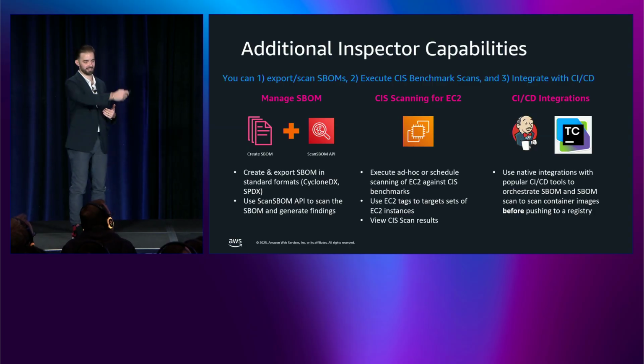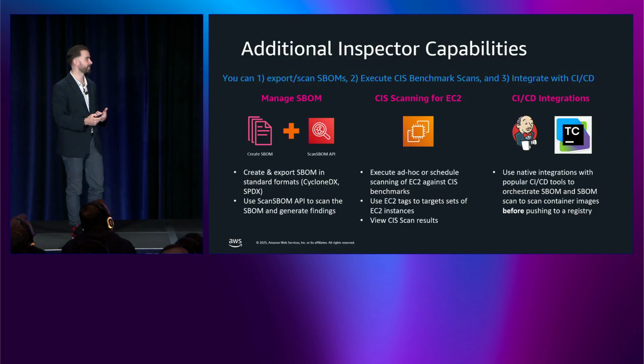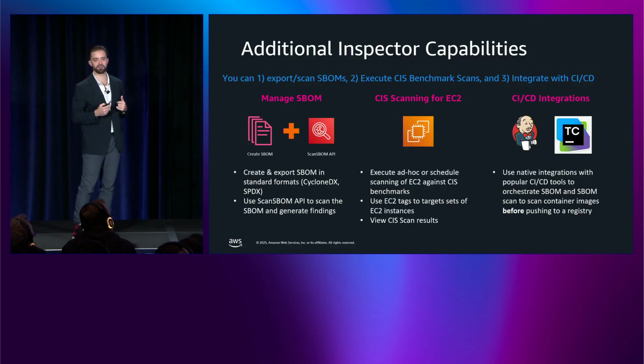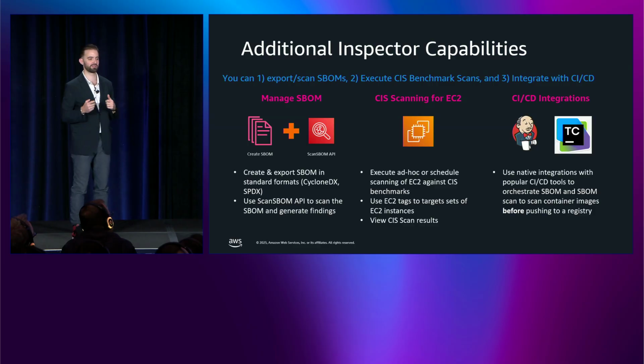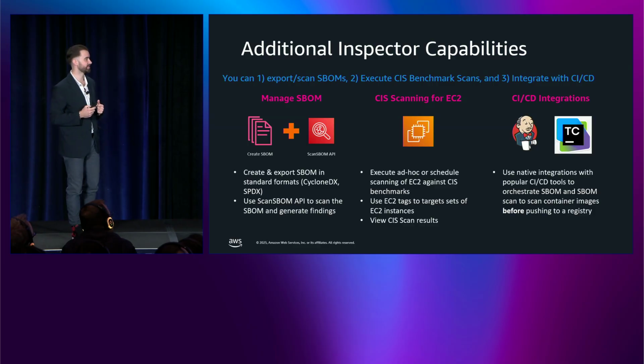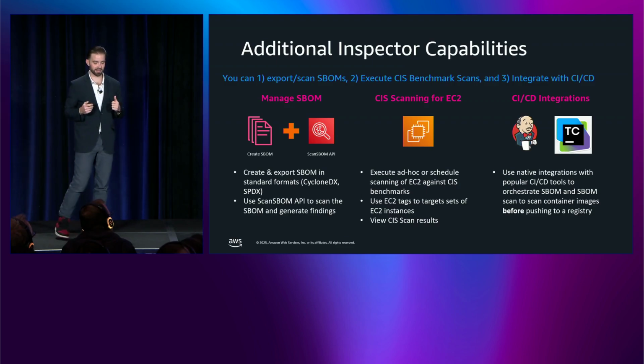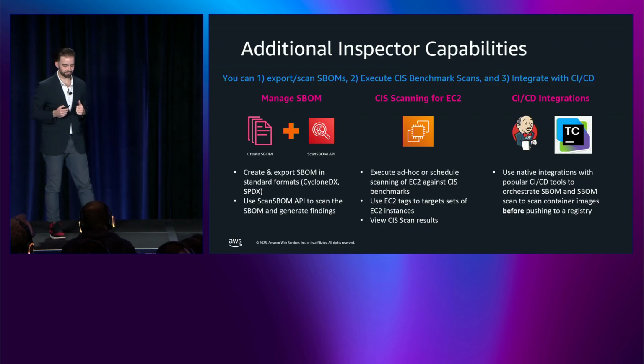So that's really the evaluation of the SBOM. You can make that API call yourself, and that gives you flexibility in how you use the intelligence and capabilities of Amazon Inspector. The SBOMs are in CycloneDX and SPDX format.